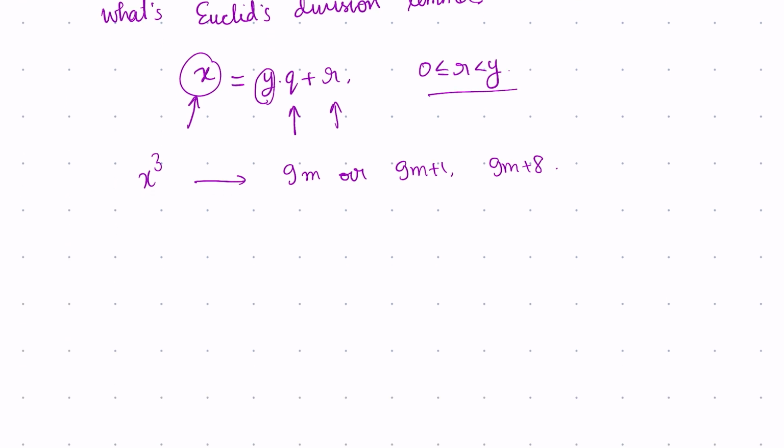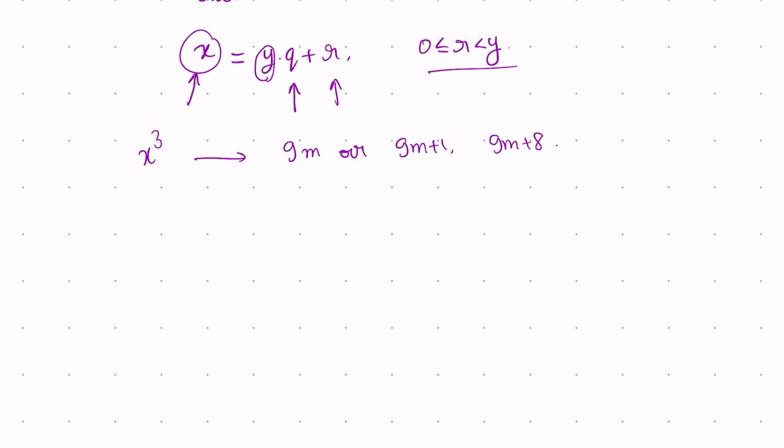Well, let's try taking some numbers. So what is 2 cubed? 2 cubed is equal to 8, right? How can we express that? That can be expressed as 3 times 2 plus 2.